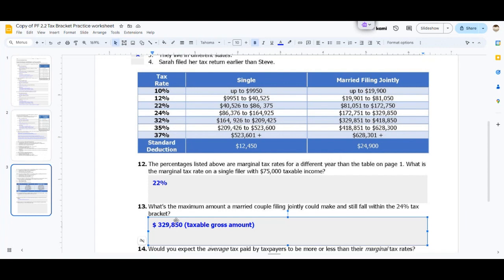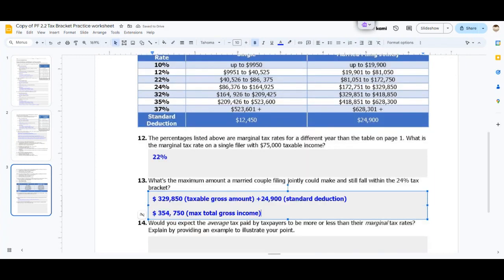So in order to get down to that taxable gross amount, that would have been after they take out their standard deduction. So we can add that standard deduction back in and see that they could earn $354,750 for their max total gross. Okay.